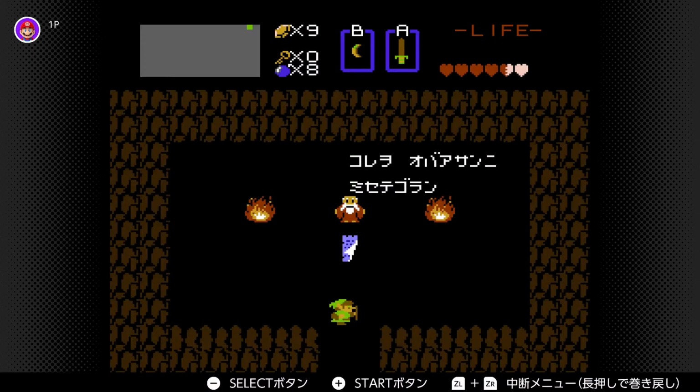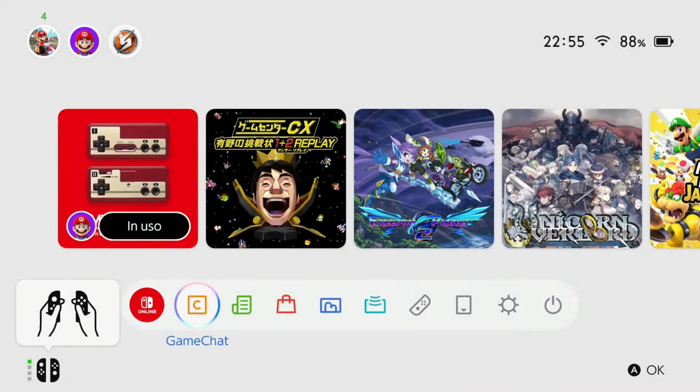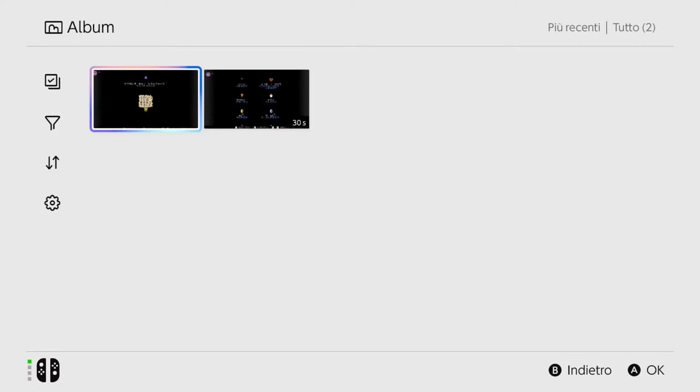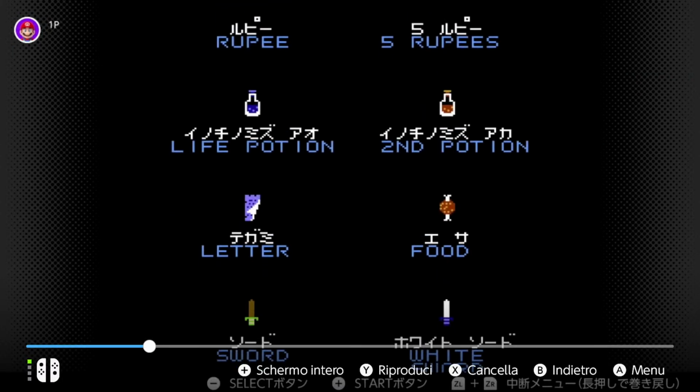And so we get this item, which is the letter, tegami in Japanese.